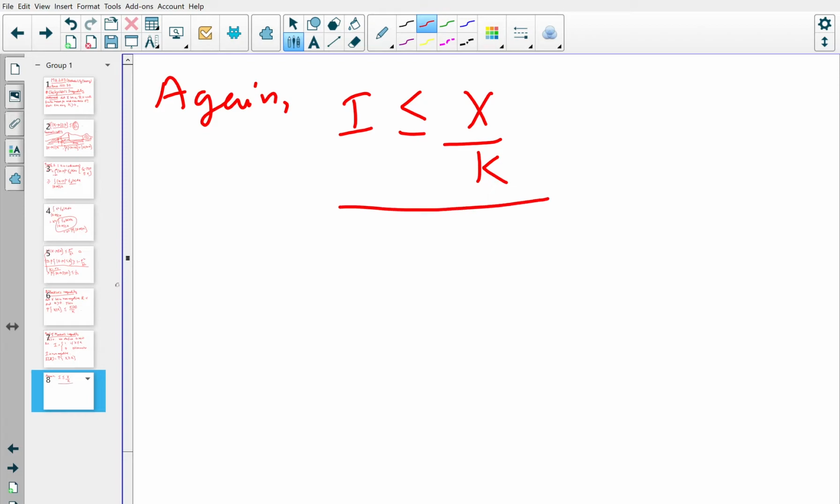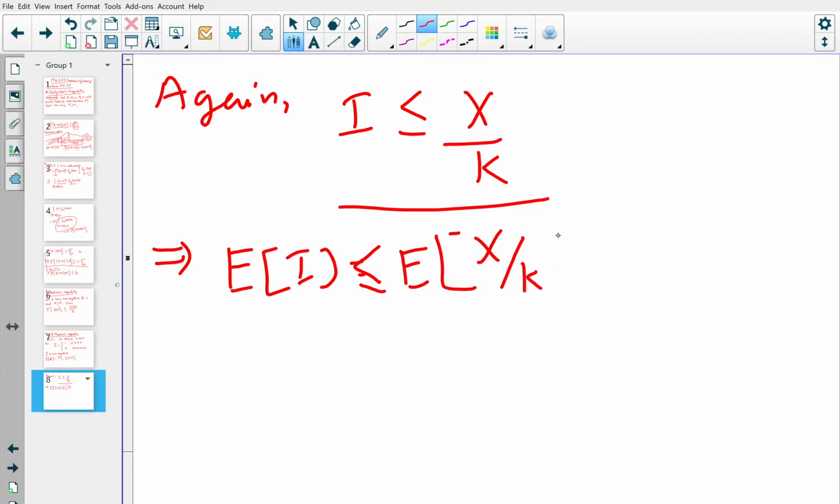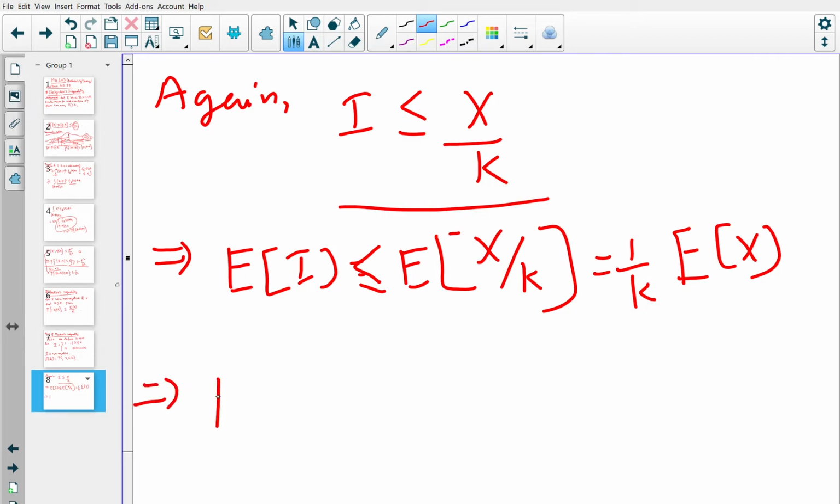And then immediately you can write down that the expectation of I is less than or equal to the expectation of x by k. K is constant, so you can write 1 by k into expectation of x, okay. Clear? But the expectation of I, you know, is nothing but the probability x is greater than or equal to k.